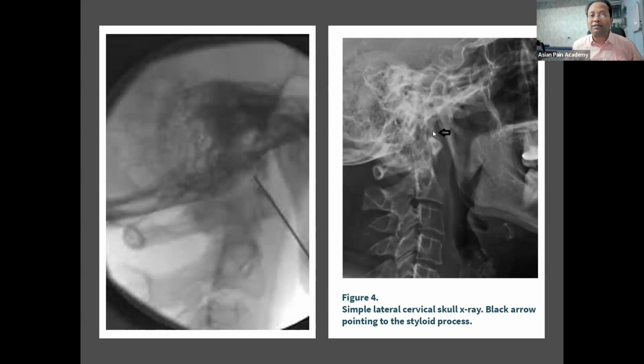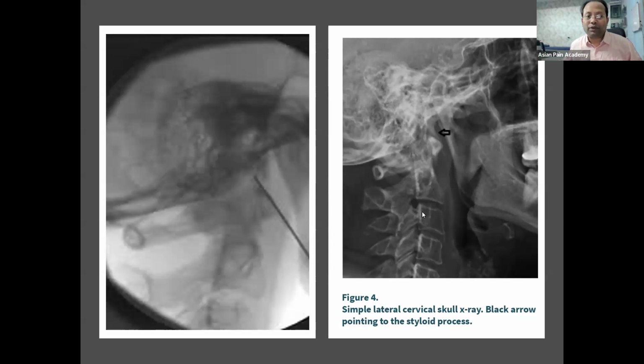It is a bit difficult to understand, but when we try to hit the styloid process, we know this is C1 and this is the ramus of the mandible. Between these areas, we will always search for the styloid process.